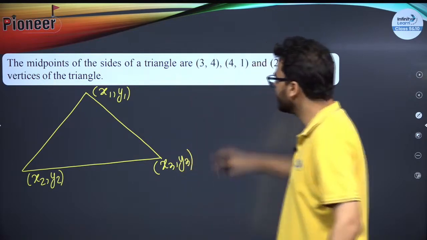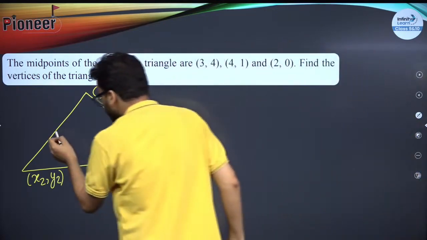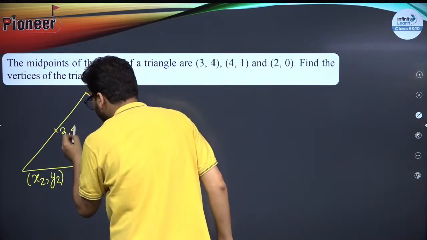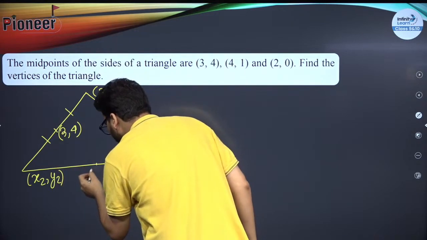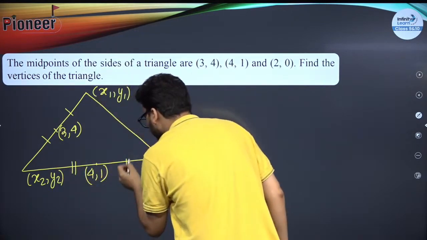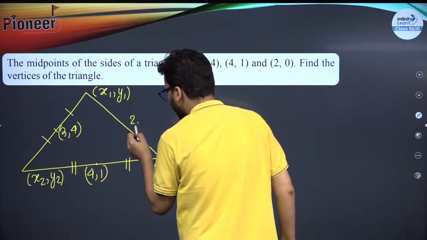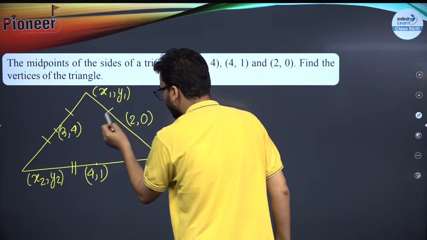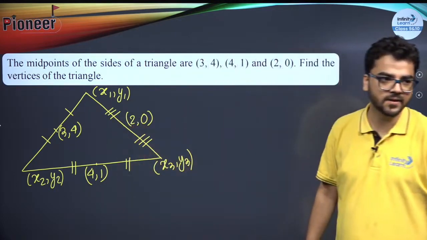And the coordinates of the midpoints are given over here: 3 comma 4, 4 comma 1, and then 2 comma 0. So we have to find the coordinates of the vertices of this triangle.